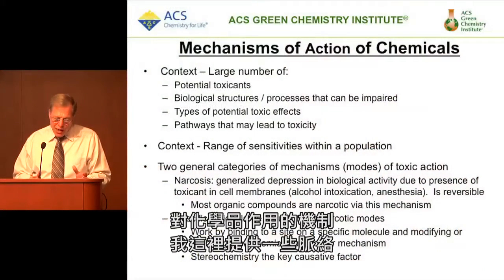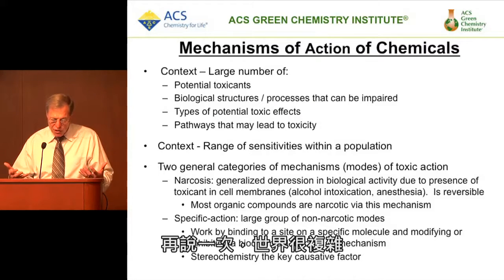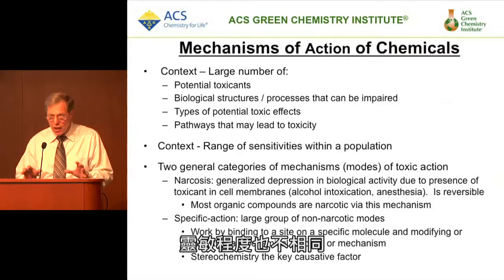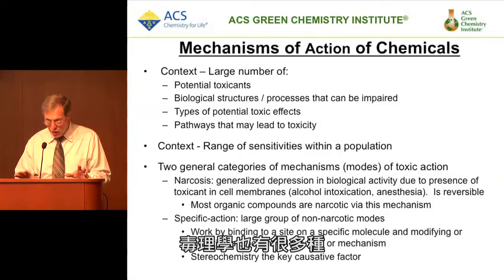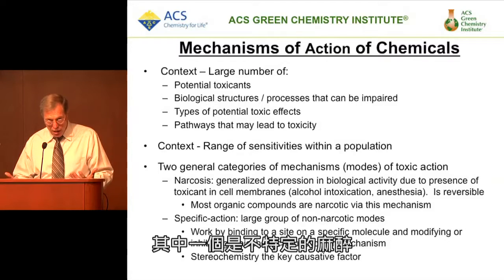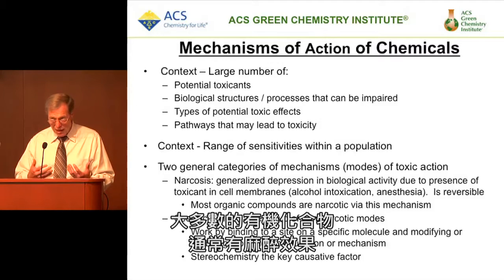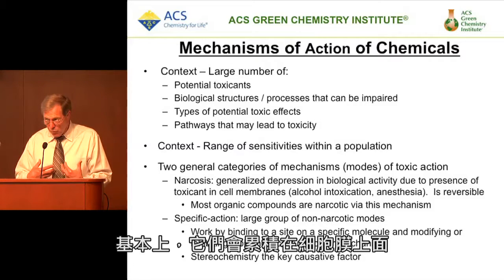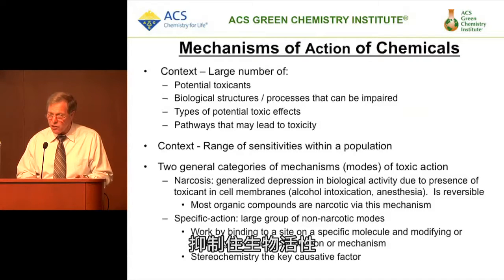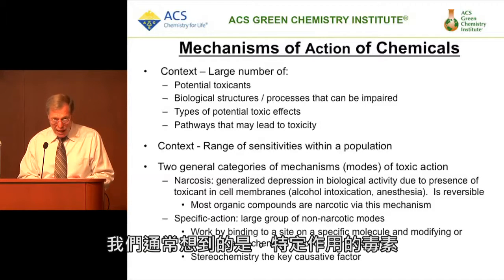Mechanisms of action of chemicals, and I've provided some context here. Again, a complex world, a range of sensitivities. There's a couple different types of toxicology. One is this non-specific narcosis, and most organic compounds tend to have narcotic effects. Essentially, they build up in cell membranes and depress biological activity. Specific acting toxicants is what we typically think of.